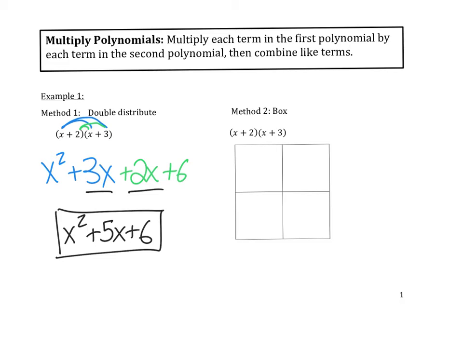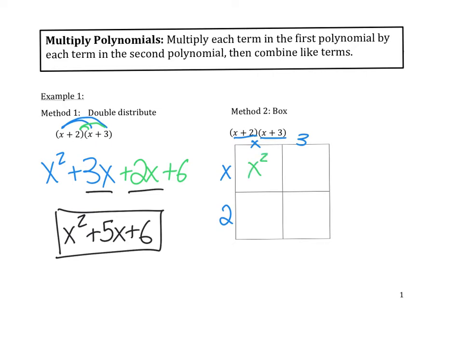I'd like to show you a different method that will help keep your work organized. We can write our x plus 2 along the side where each term gets its own box. And we can write our x plus 3 along the top where every term gets its own box. Inside, we're going to write the products. So think of this like a Punnett square.